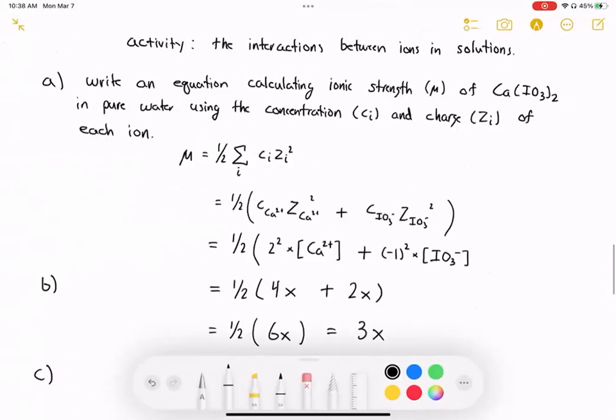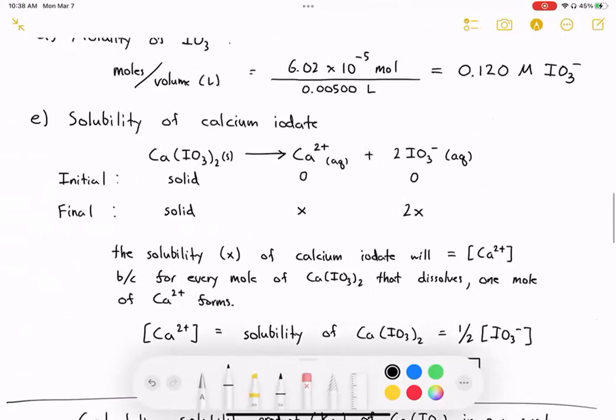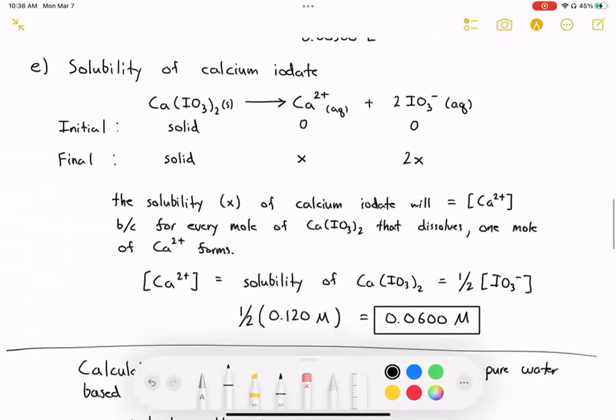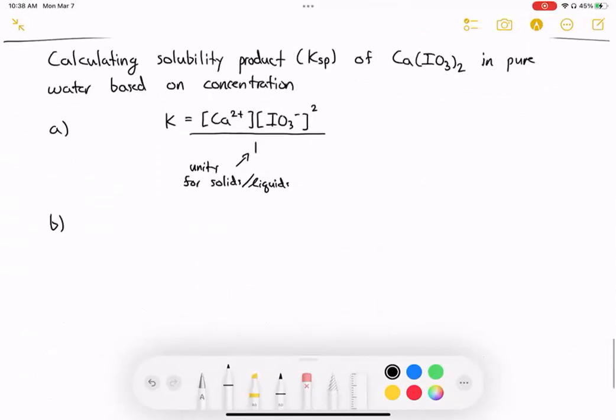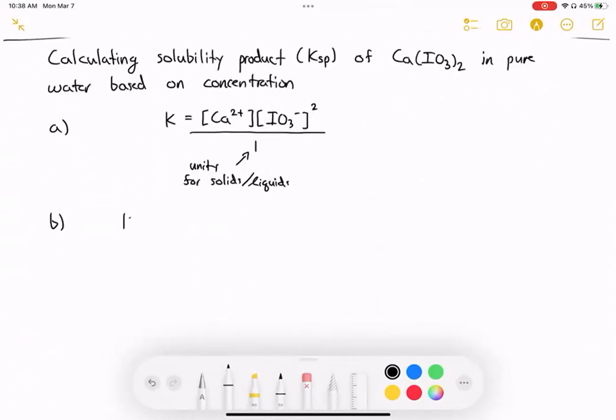So if we look back to our equation here, we saw that it was x and 2x. So our final value should be x and 2x. So we can substitute those values into our equation here. So K will now equal x times 2x squared, and if we solve for that, it'll be 4x cubed.